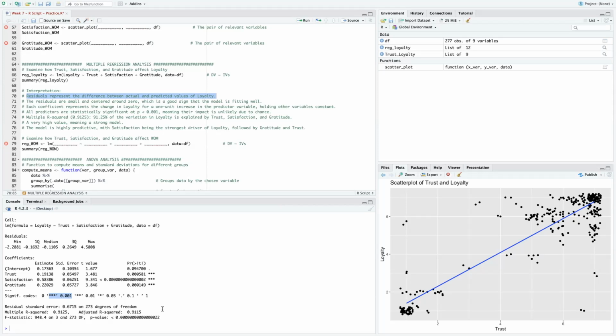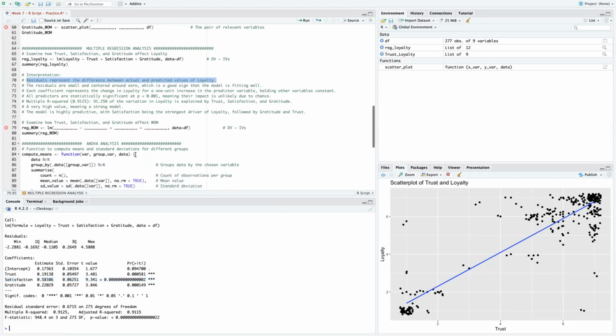Overall, the model is highly predictive, with satisfaction being the strongest driver of loyalty, followed by gratitude and trust. Right? Great. So once you practice, try yourself with the second multiple regression to check the relationship between trust, satisfaction, gratitude on the word of mouth.